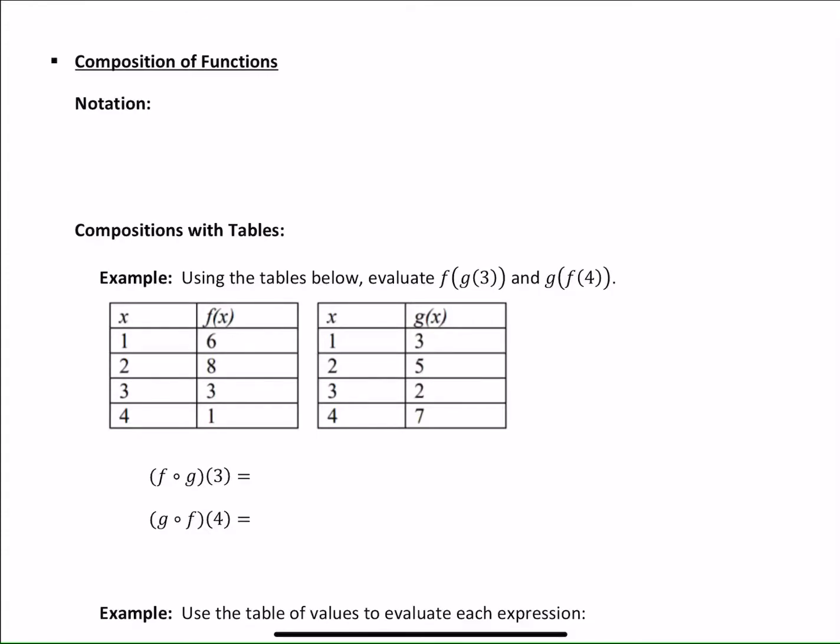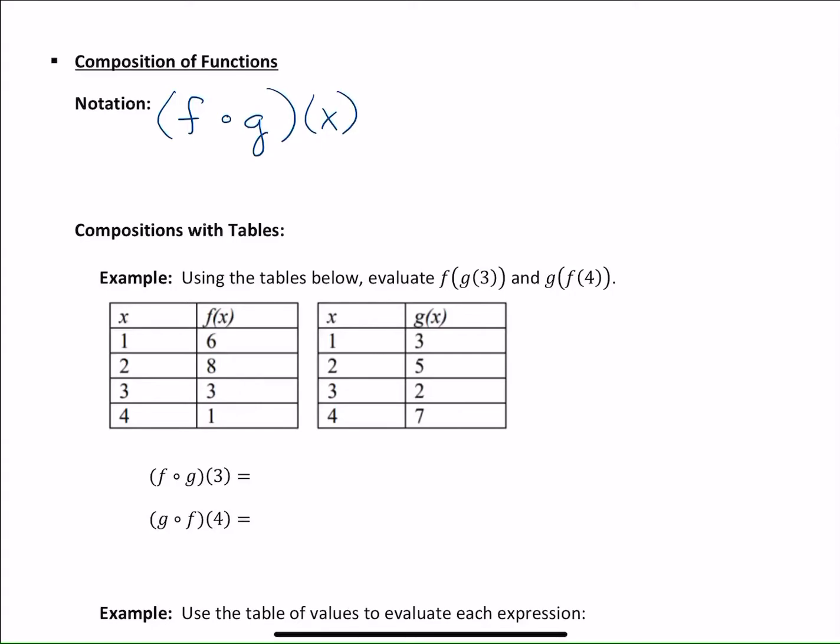We're going to talk about composition of functions in this section. A composition of a function is when you use a function within another function. So notation, you'll see f of g with a small circle of x.